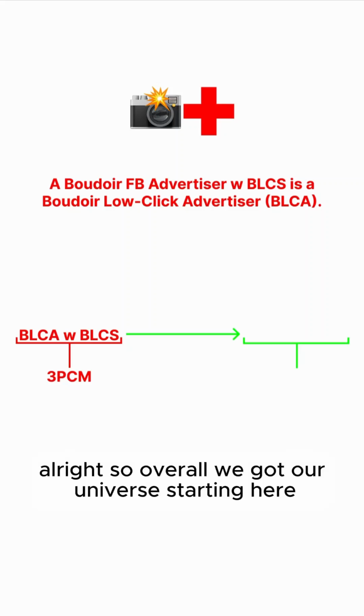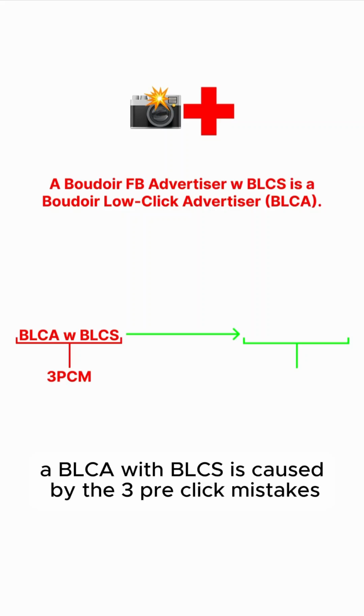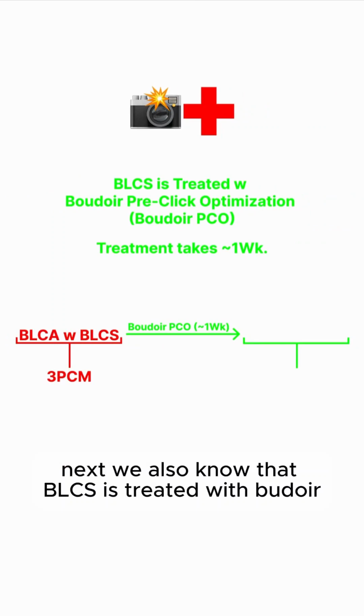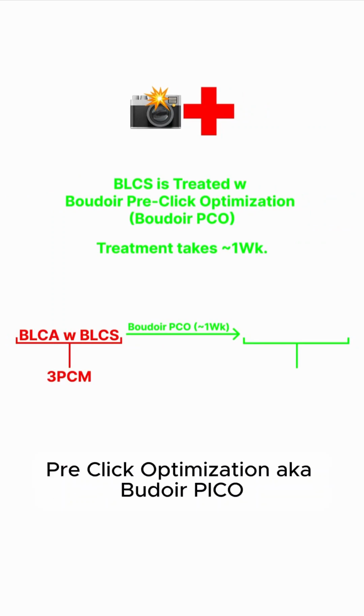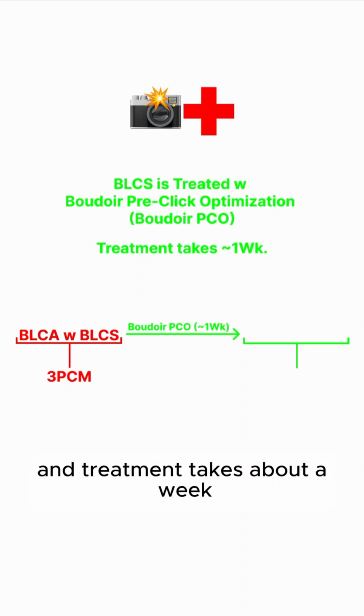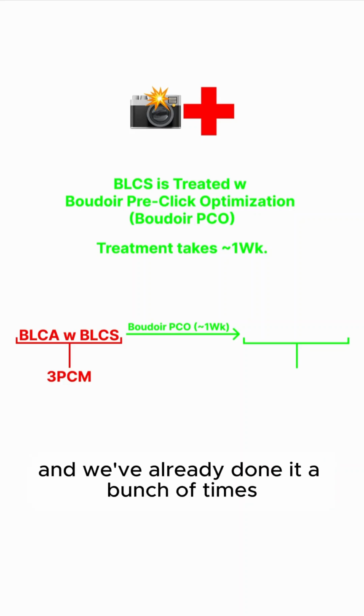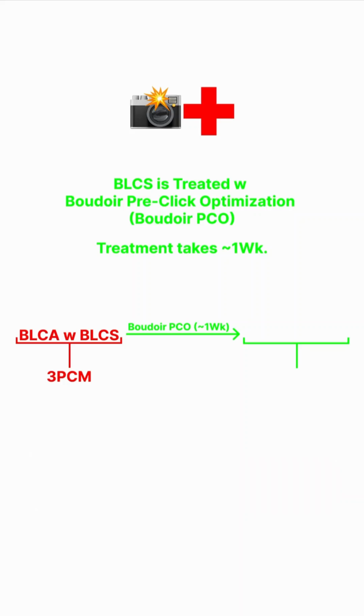We also know that a Boudoir Facebook advertiser with BLCS is a Boudoir low-click advertiser, BLCA. So overall, we've got our universe starting here: a BLCA with BLCS is caused by the 3 pre-click mistakes. Next, we also know that BLCS is treated with Boudoir pre-click optimization, aka Boudoir Pico, and treatment takes about a week. We know this because we invented it and we've already done it a bunch of times.